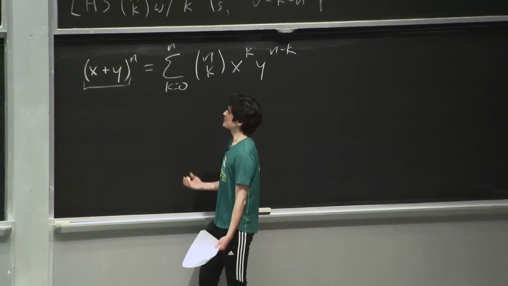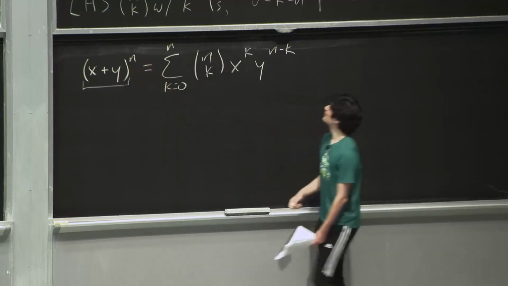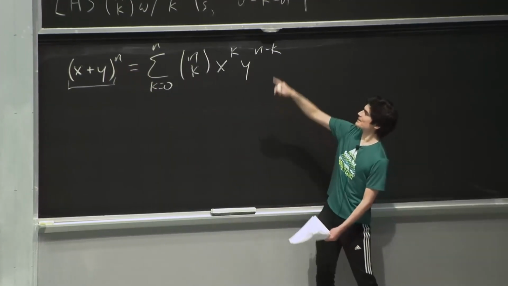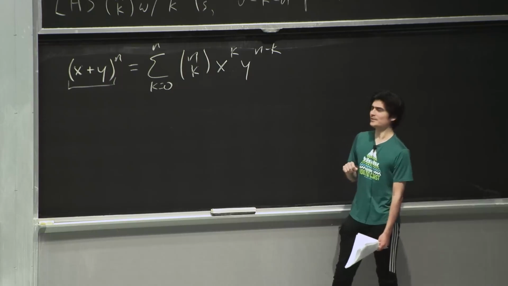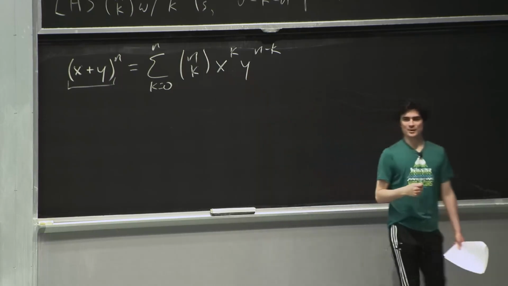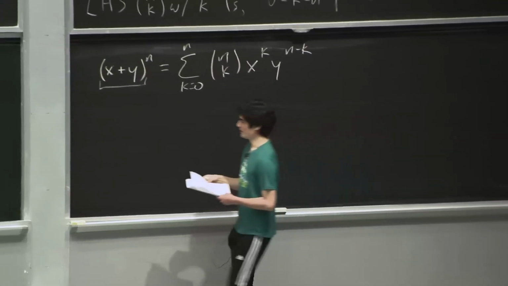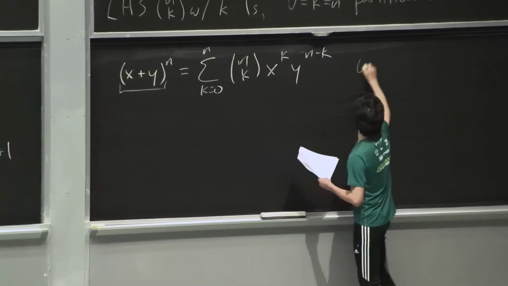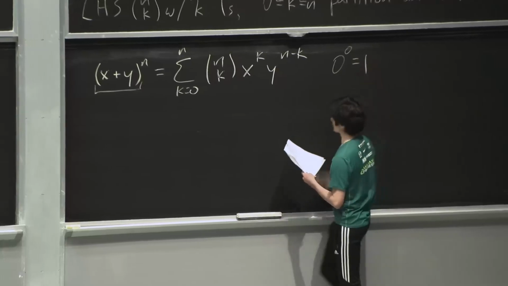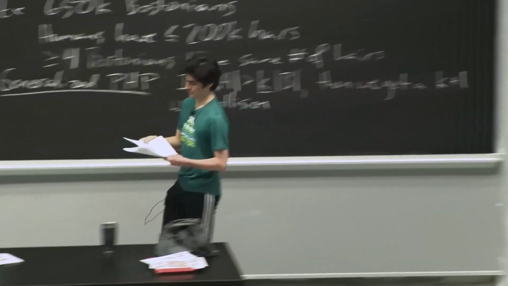And the binomial theorem says that if we take a binomial, raise it to the nth power, then we get basically the same thing as we had on the left-hand side over there, but with these powers of x and y. And by convention, 0 to the 0, we just say that that's equal to 1.